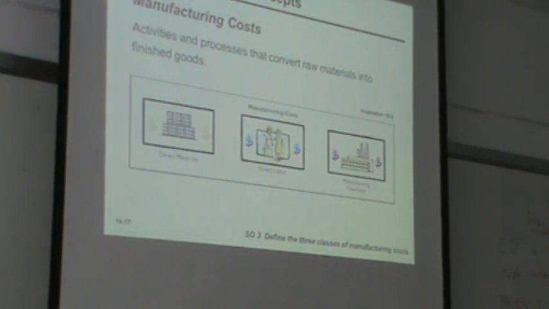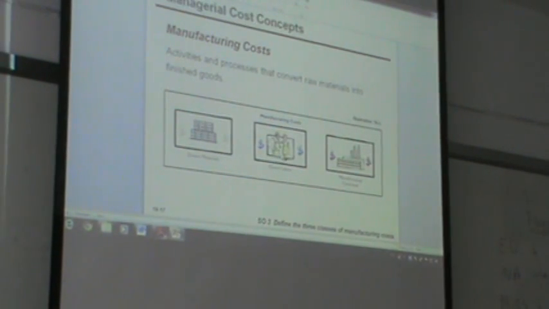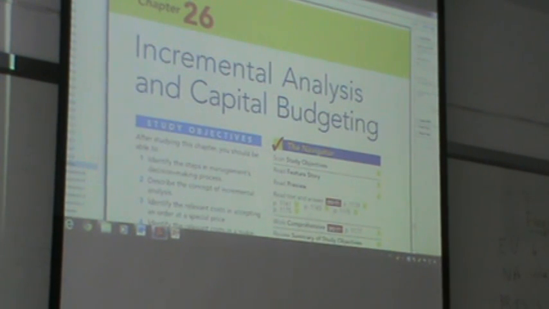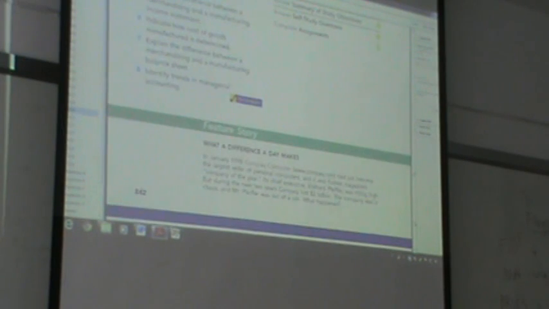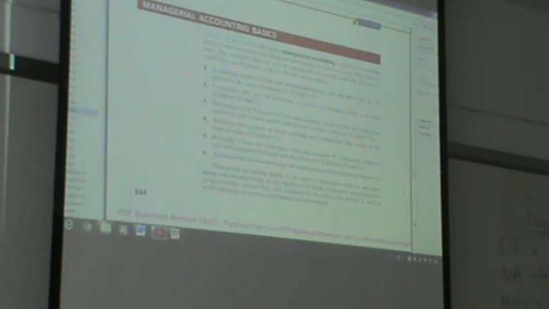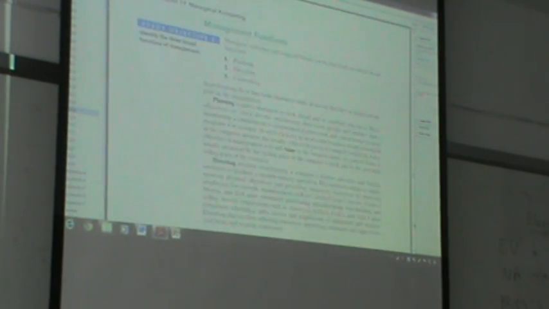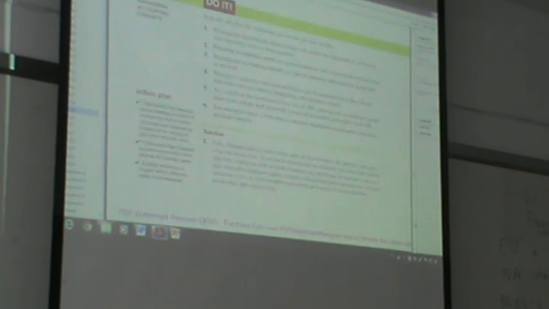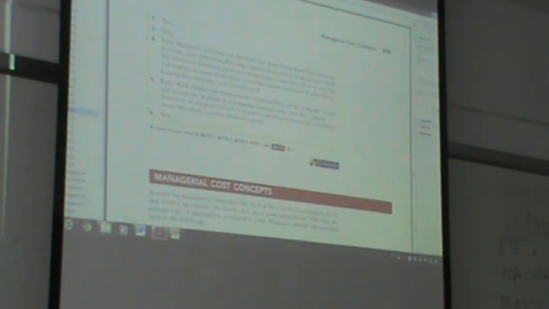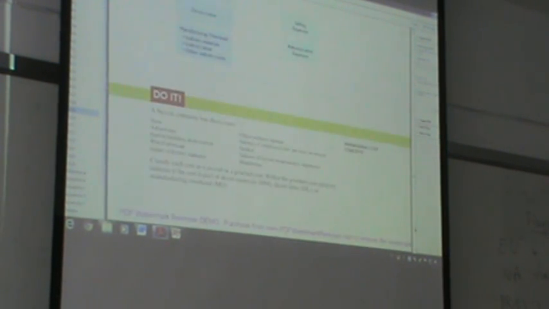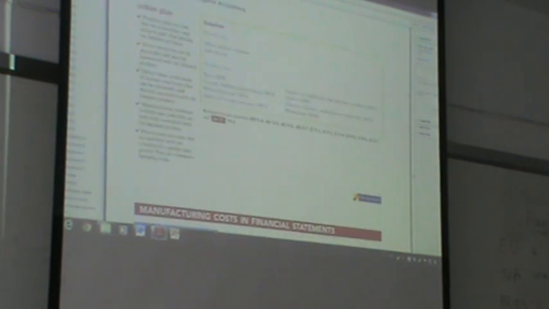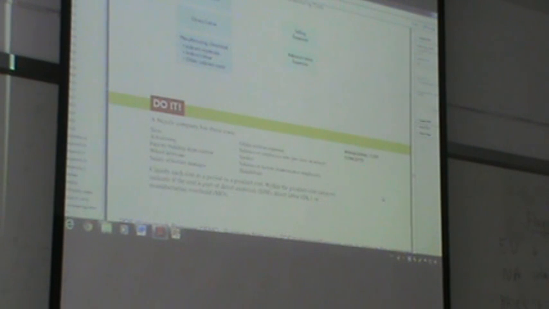Let me just see if I have this over here. The book, chapter, let's say 19. Can you see how chapter 19 goes? The most important part for you to see here is the section called Do It.